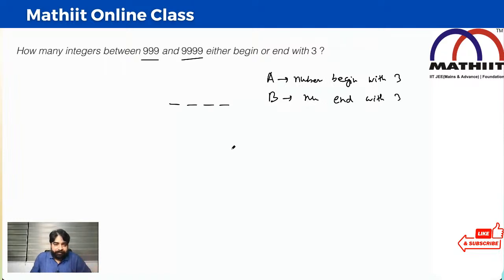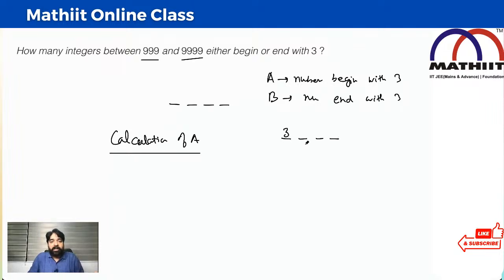So let's check it. First the calculation of A. Job A I want to do. So what is the job A? How many numbers are there which begin with the 3? So begin with 3 means 3 is fixed here. I fix the 3 here. Rest anything I can fill it. This place can be filled by 10 ways. This place can be filled by 10 ways. This place can be filled by 10 ways.